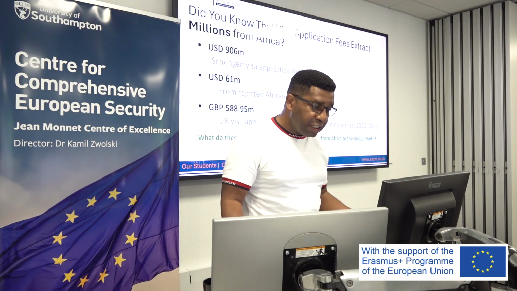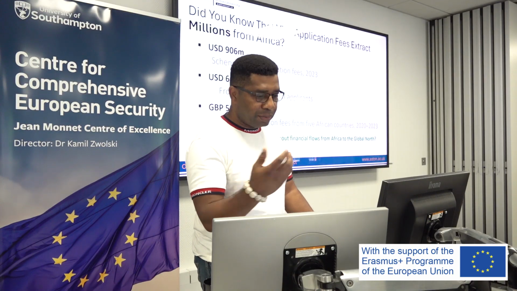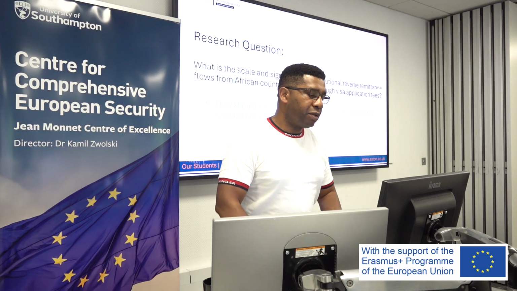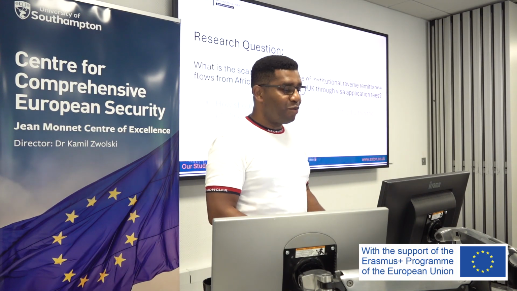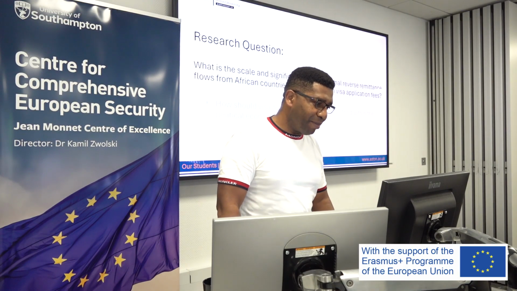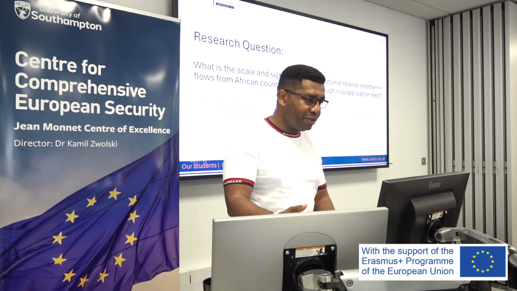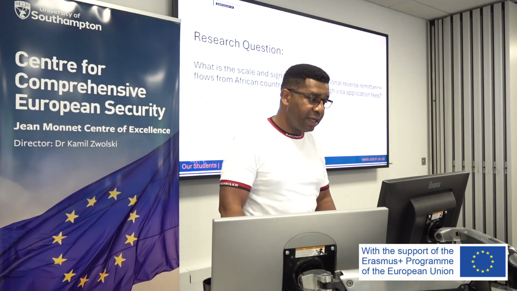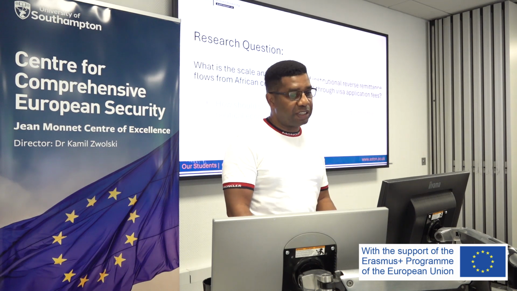So, what do these figures reveal about financial flows from the global south to the global north? This is a work in progress, and I will appreciate your feedback so that we can tweak it and make it better. The research question is: what's the scale and significance of what we call institutional reverse remittance flows from African countries to the UK through visa application fees?